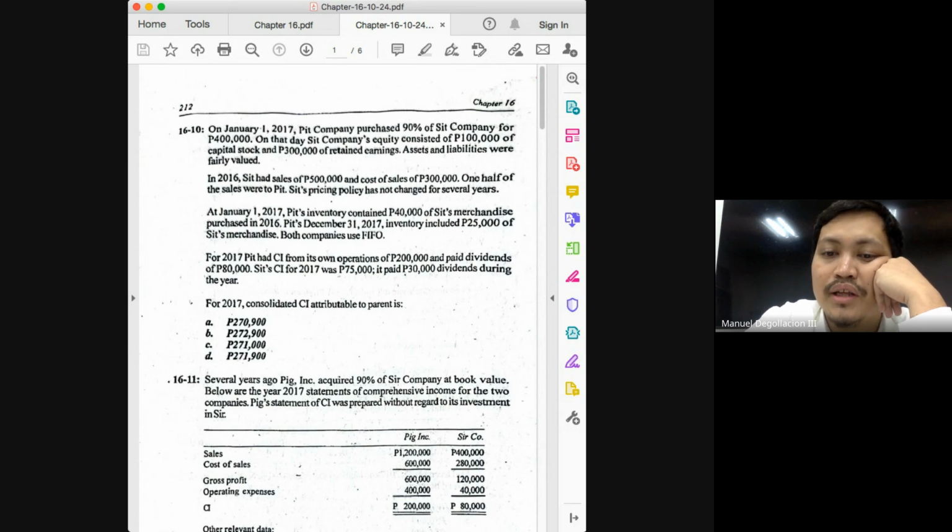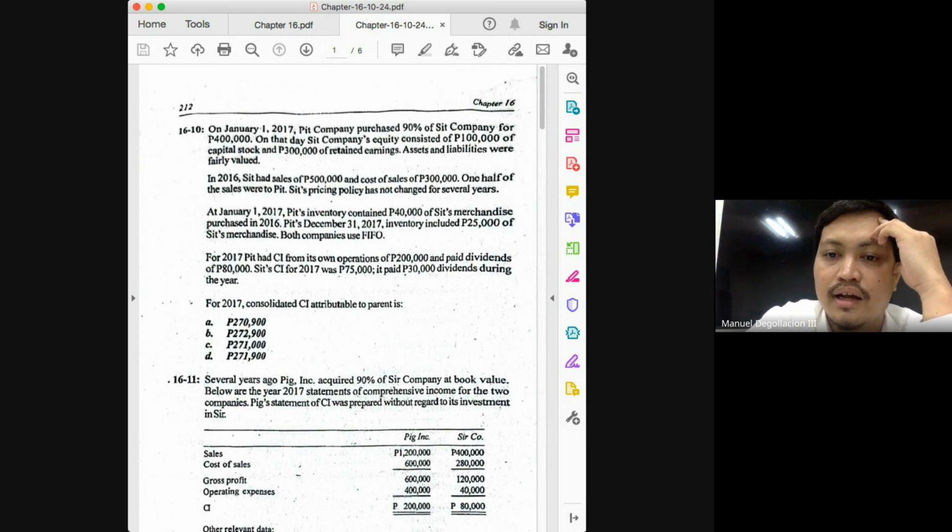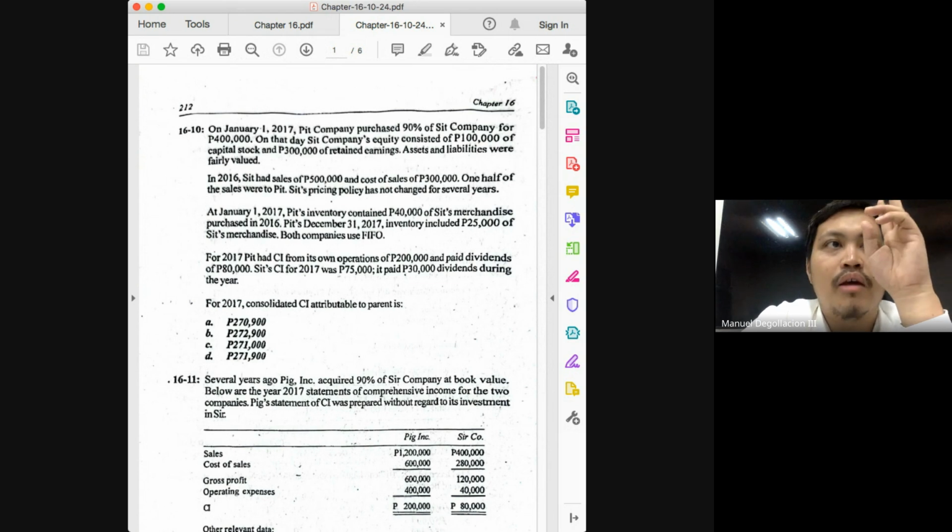Okay, but first we need the consolidated income. And again, what are the two things you need to solve for your consolidated income? First is the income of the parent from its own operations, and second is the adjusted income of the subsidiary. Okay, but class, even if we call them like that, please remember that even the income of the parent can now have an adjustment.